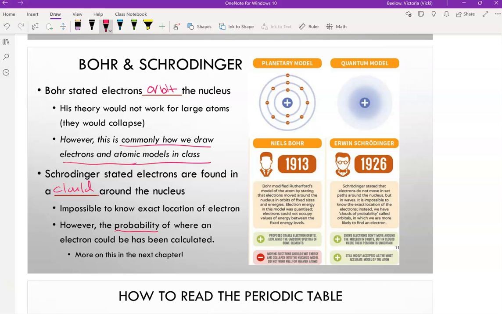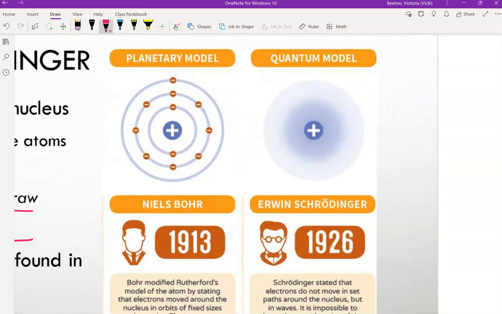We have a probability of where those electrons might be found, like, there's a high probability the electron could be here or here or here, but they're very fast moving and we don't know for sure where they are at any given time.